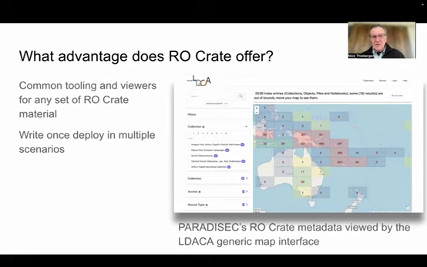So here we have the Language Data Commons of Australia viewer pointing at our Research Object Crate, Arrow Crate materials and presenting them to us in a different way than we do in our own catalogue, because it's got its own kind of viewer, and you can see a faceted search on the left of this material.